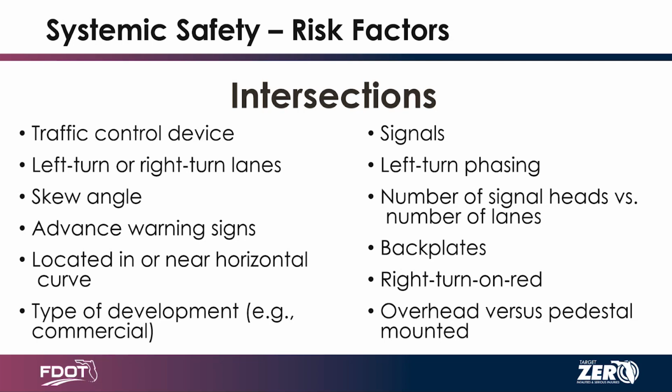The RCI only has so much, traffic ops databases only have so much. So with intersections, we have to rely on judgment as well as some of those small features that we do know are problematic. And we can find things like that through, say, protected phasing. We know that if you go from permissive to protective phasing, based off the CMF Clearinghouse, it prevents 99% of left turn angle crashes at that intersection.